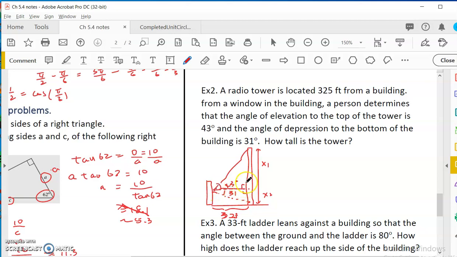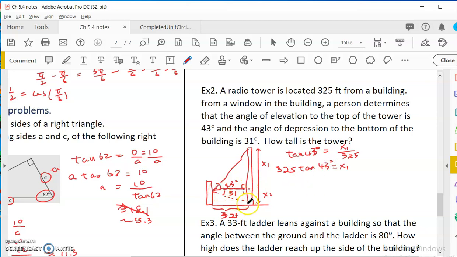So A and O relative to 43. So we have tangent 43 degrees is equal to x1 over 325. So x1 is equal to, multiply 325 on both sides, 325 times tangent 43 degrees.